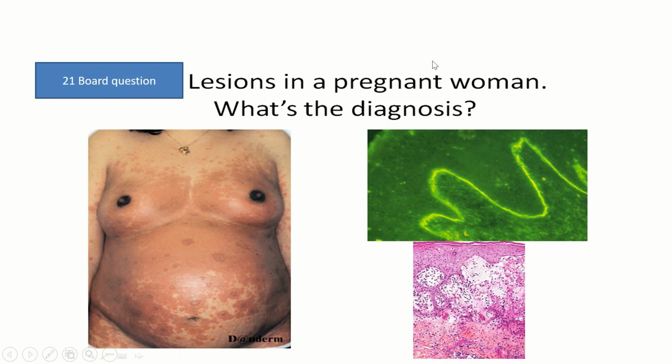Here is a pregnant woman. As you see here, there is subepidermal bulla, and here a subepidermal bulla in a linear configuration that is compatible with the diagnosis of herpes gestationis. Herpes gestationis is similar to bullous pemphigoid in histopathology.